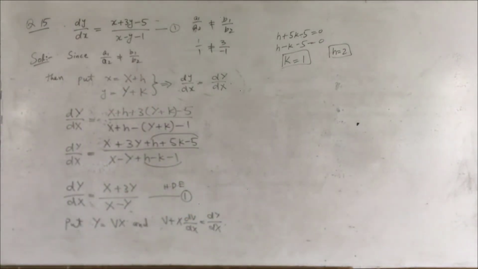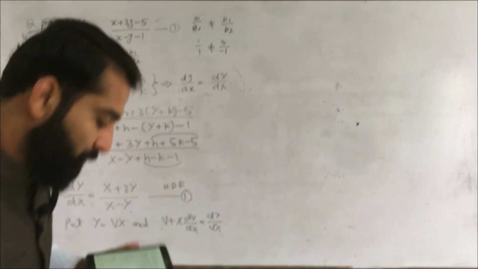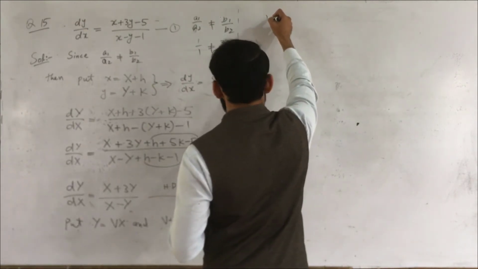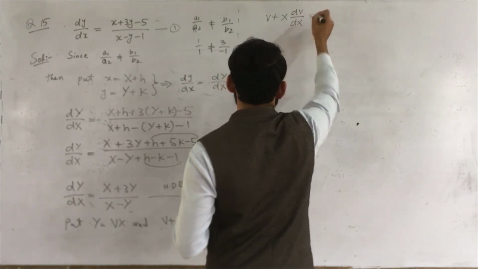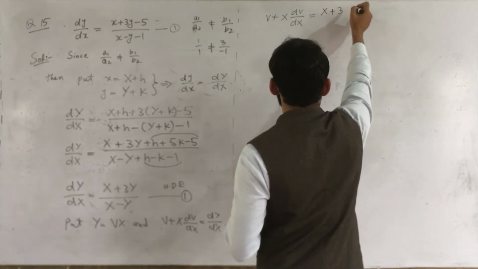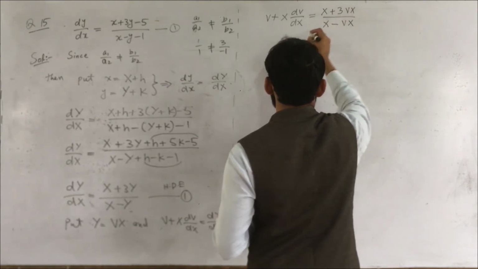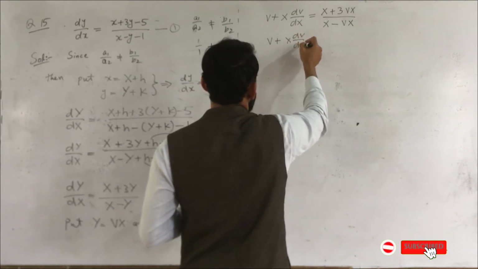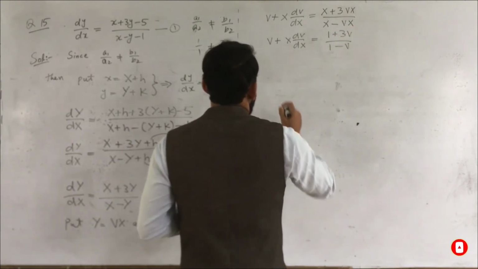So equation number 1 becomes v plus x dv over dx is equal to (x plus 3vx) divided by (x minus vx). Taking x common from the upper and lower side, v plus x dv over dx is equal to (1 plus 3v) divided by (1 minus v).